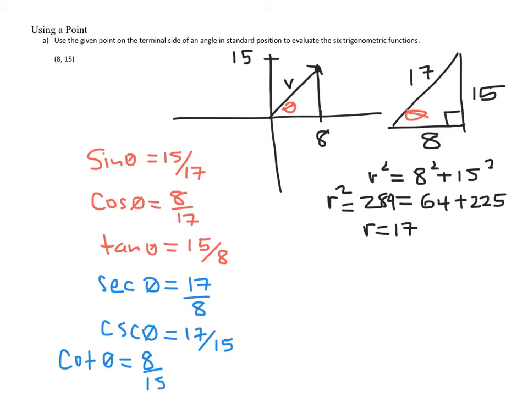And now the next thing I'm going to find is what angle this is. So how do I find theta? I can use any of the ratios I have. I'm going to use sine, but this time I need sine inverse of 15 over 17, and then I'll use my calculator.